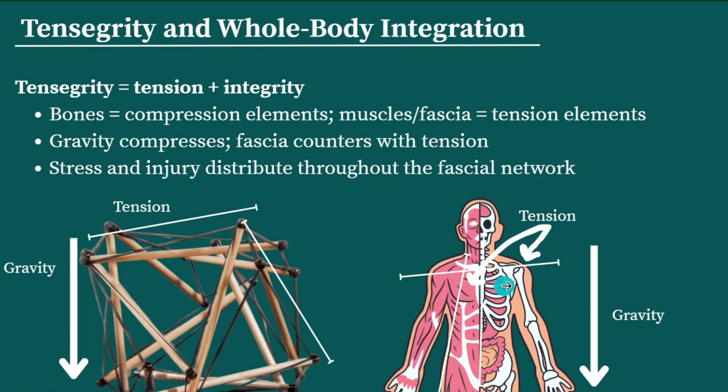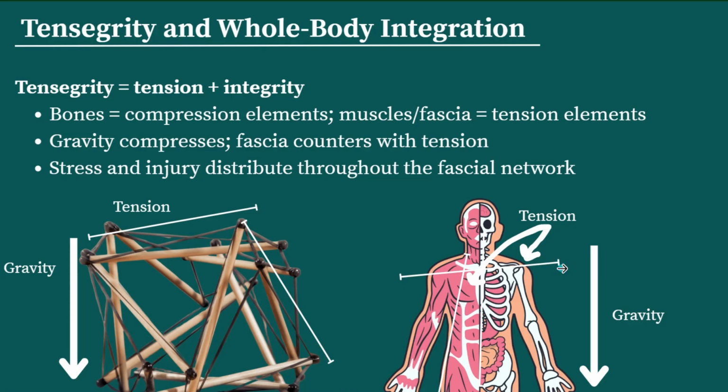But there are these cables that are your muscles and the fascia and the tendons and the ligaments. And then there are the bones that are these stick structures. And between the tension of your postural muscles and the composition of the fascia, your body will stay upright and you'll be able to move.